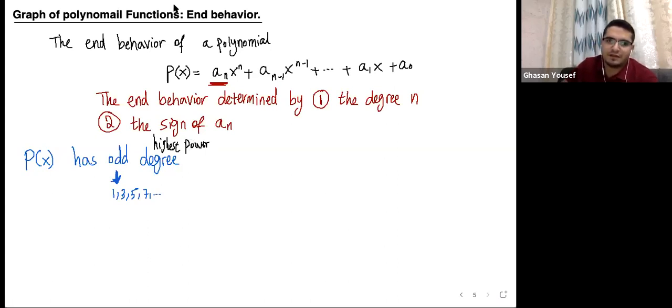So the end behavior will be like this. Here a_n is positive. a_n is the leading coefficient.